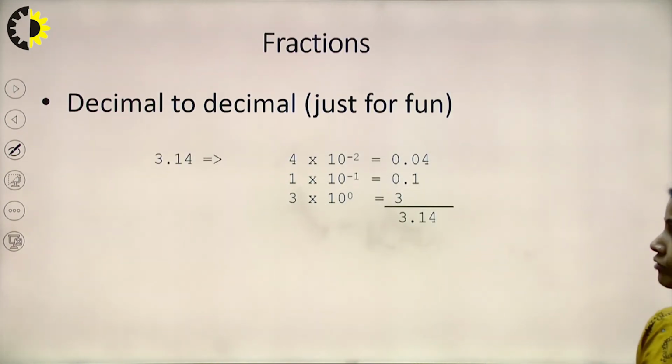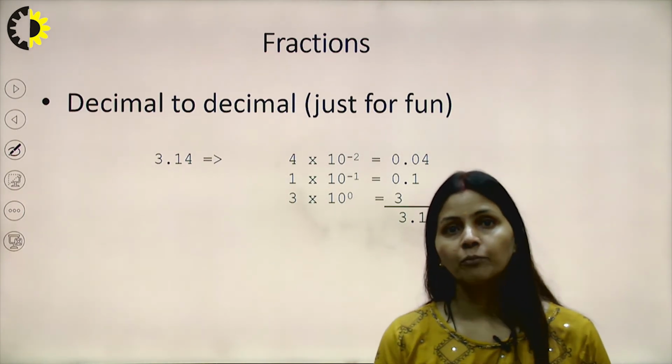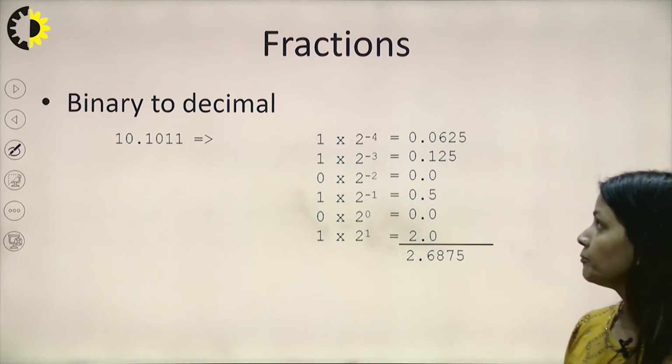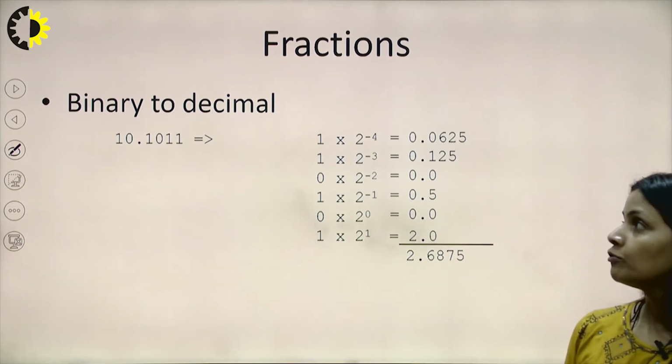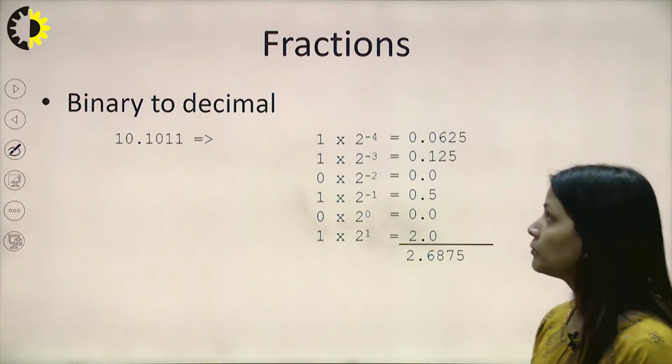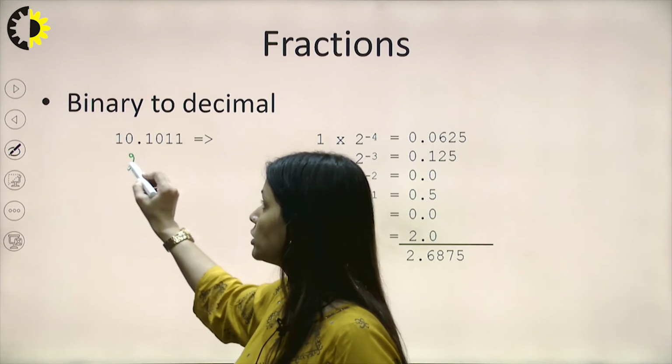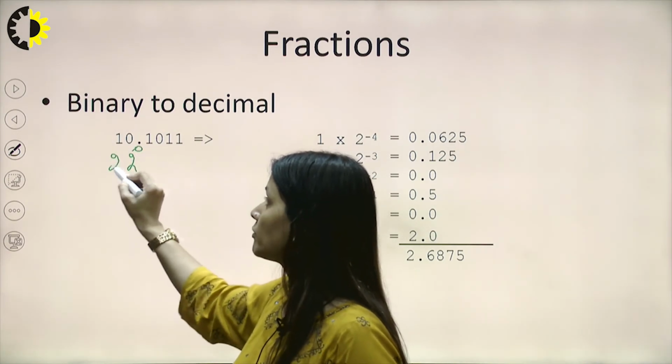Now, as we all know, for decimal to decimal, if I want to convert a 3.14, how to do it? Now binary to decimal: if I want to convert my binary number to a decimal number, starting from 2 raised to the power 0, 2 raised to the power 1.